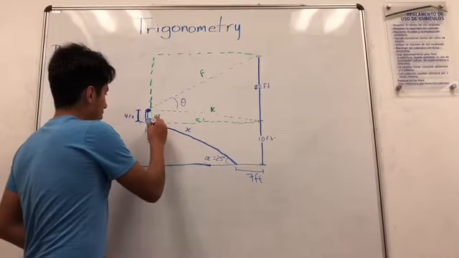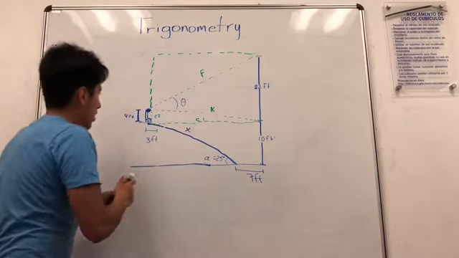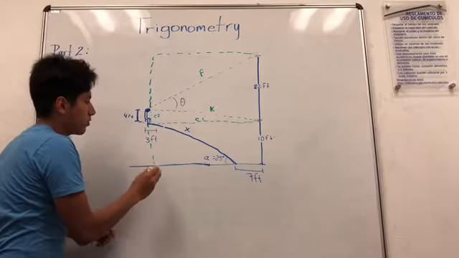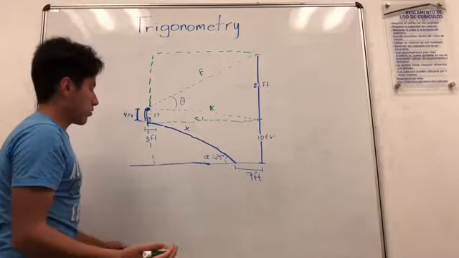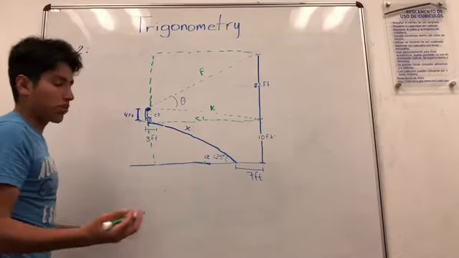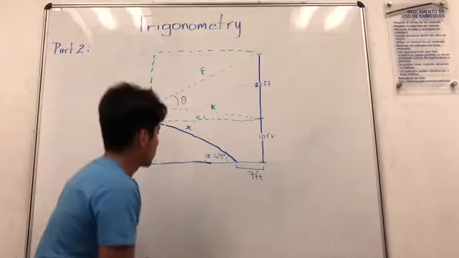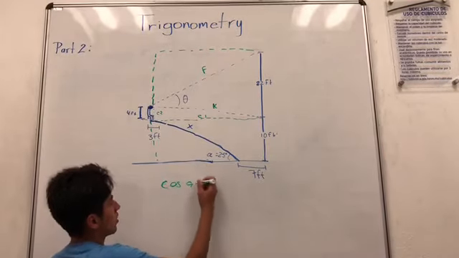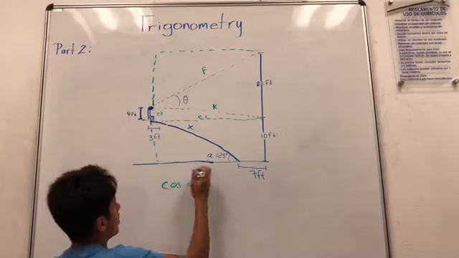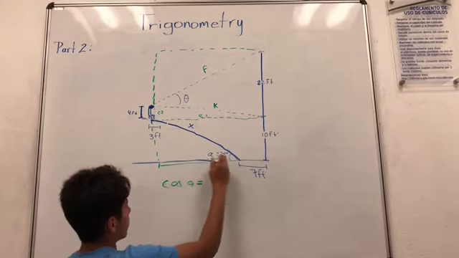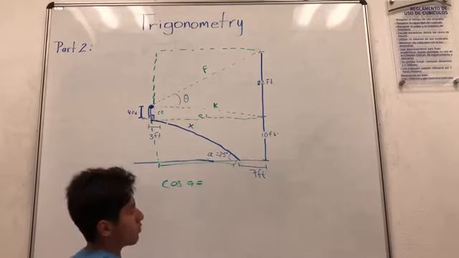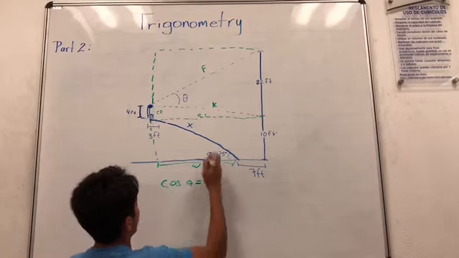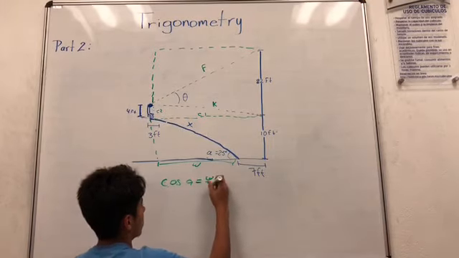So, as we may guess, we can cut this triangle until x, so that x is the hypotenuse, and we can find a relation with the cosine function, like cosine of A equal to this side from here to here, that we are going to name W, over x, that is our hypotenuse.